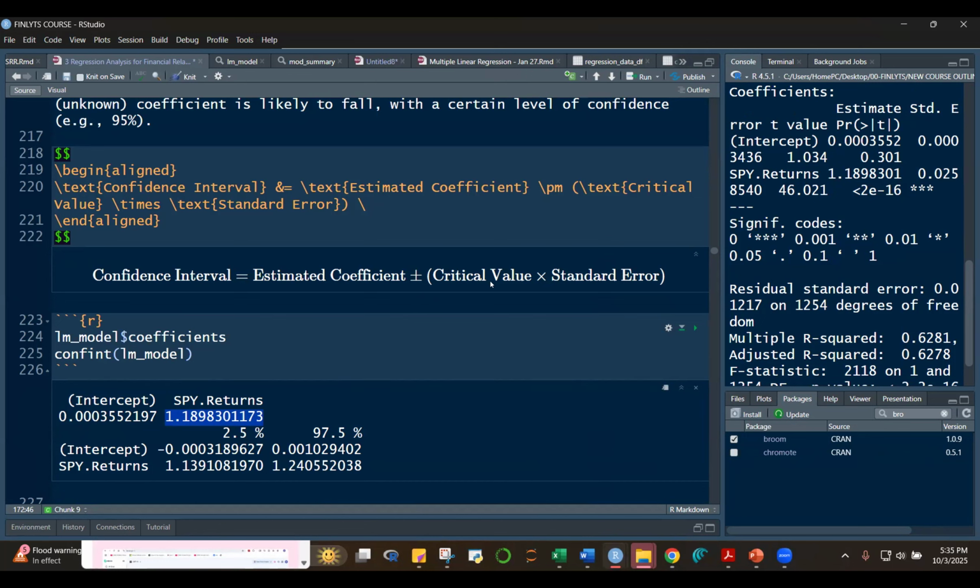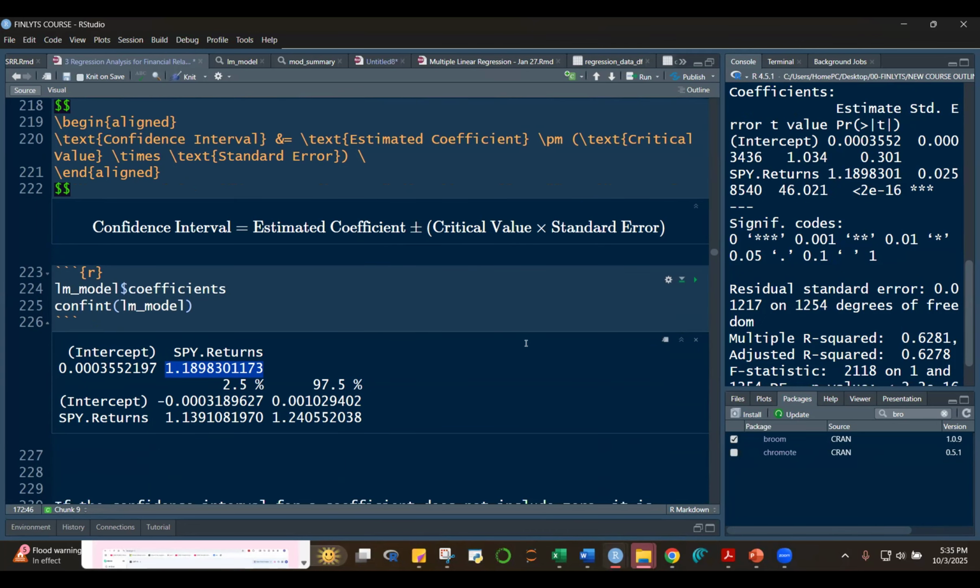So this one, you can easily learn that. I would like you to research on how to find the critical value. It's actually easy, just one line of code in R. And the standard error is already given. So that can be easily computed, but if you just want to use the function of R, this is it, you can. So let's compare, class, the coefficients. This is our LM model.